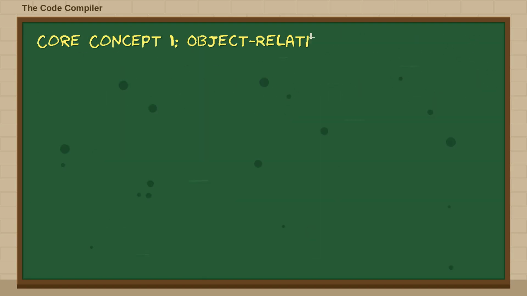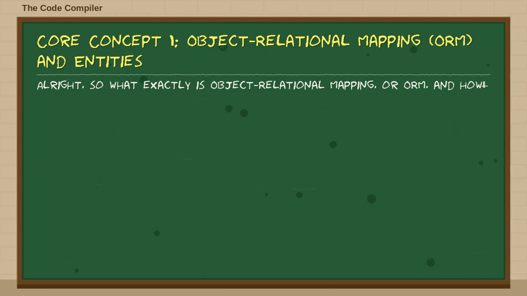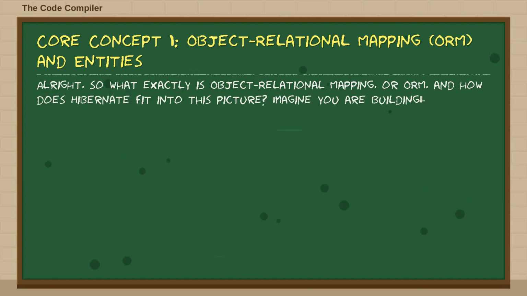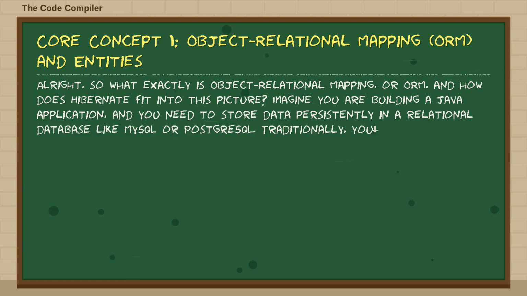Alright, so what exactly is Object Relational Mapping, or ORM, and how does Hibernate fit into this picture? Imagine you are building a Java application, and you need to store data persistently in a relational database like MySQL or PostgreSQL.